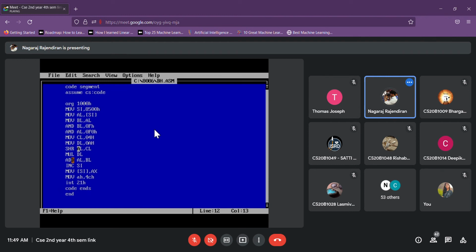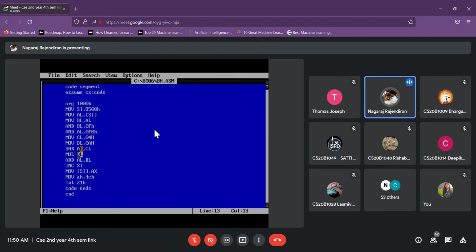Then we are multiplying 05. By default it will multiply the content of DL with AL.